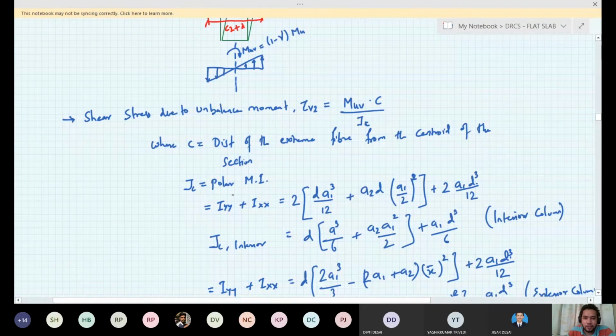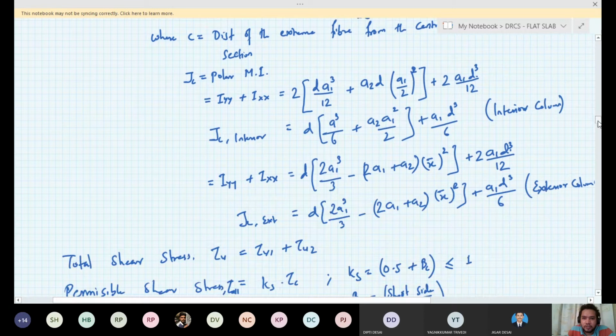Again for the polar moment of inertia we have two values, one for the interior column and another for the exterior columns. As we are designing the interior panel, we'll be using this formula.